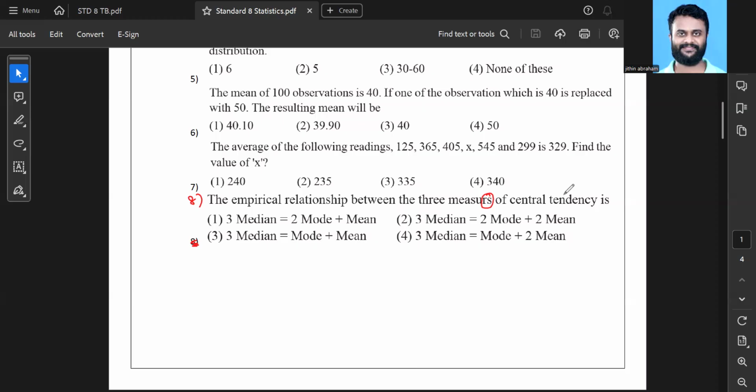But 3 median is equal to 2 mean plus mode. So option 4 is the correct answer, but why is it given to you? The derivation is not there in your level actually.